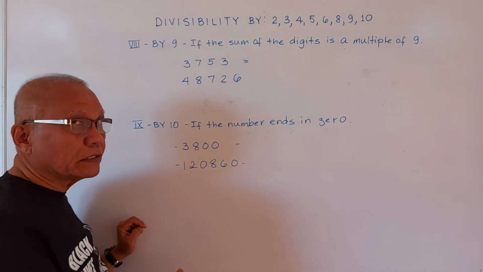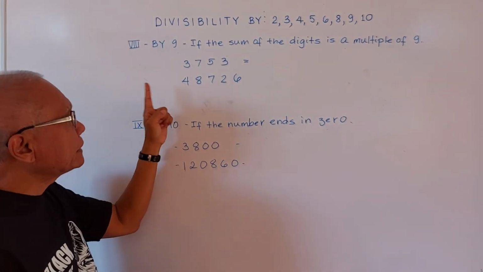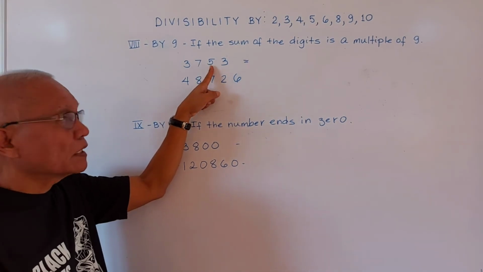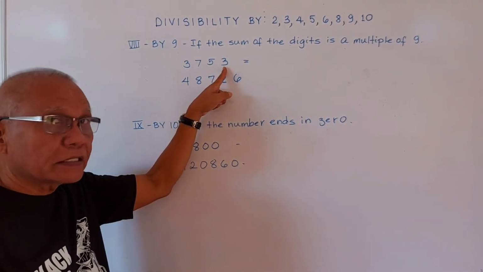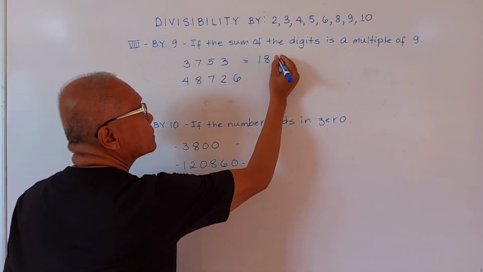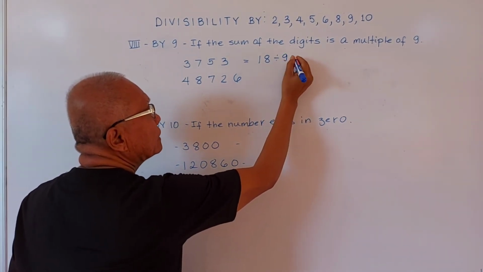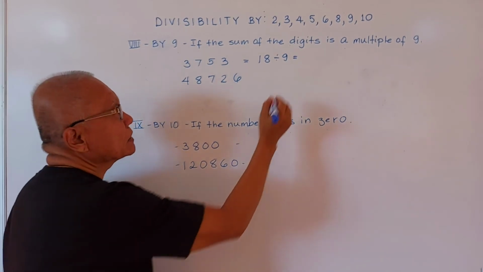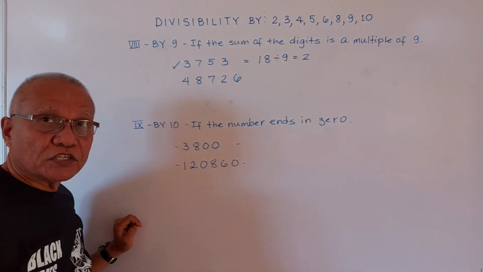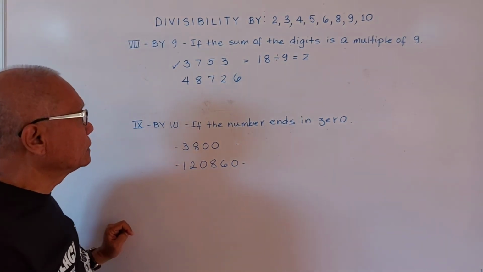If we can divide it, then that is divisible by 9. So, 3 plus 7 is 10. Plus 5 is 15. Plus 3 is 18. This one is 18. We try to divide it by 9. Is it exact? Yes, it is 2.